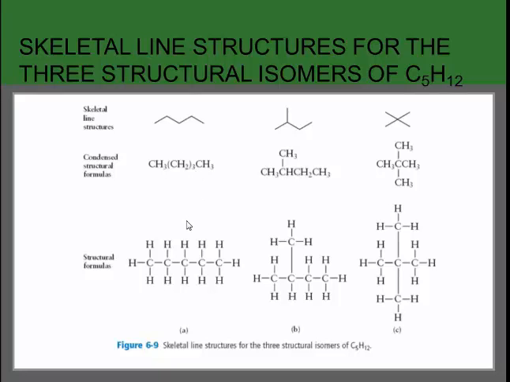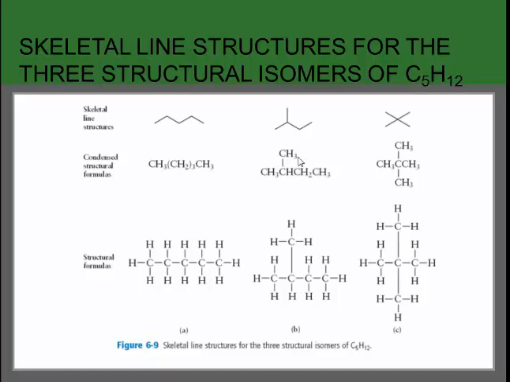But even more simply, we could just write a zigzag chain that has 5 carbons in it. 1, 2, 3, 4, 5. This carbon on the end has 1 bond, so we mentally fill in that it is a CH3 carbon. CH2, CH2, CH2, CH3.